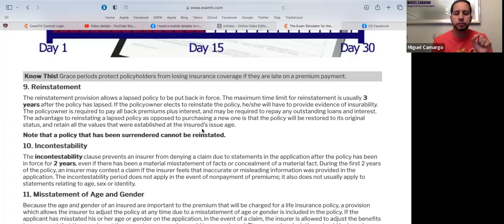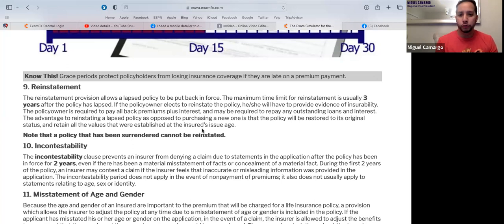So if a policy lapses, you're allowed to reinstate the policy. You have up to 3 years to do that. But there are 3 things you have to do in order to reinstate your policy. I want you to write this down, 3 things, and then write 3 bullet points. The first one is you must pay back all premiums plus interest. So in order to reinstate it, you have to pay back all premiums plus interest.